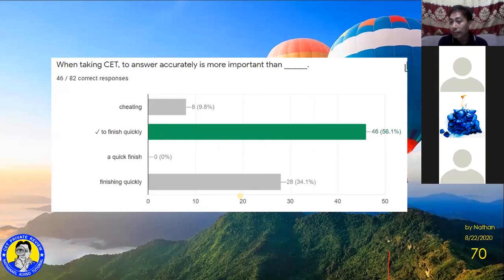So that's not parallel, okay? So everything must be in the present participle. "I am playing guitar, singing, and dancing," okay? So all the verbs must be in the same form. If it's in the present participle, put them all in the present participle, okay?